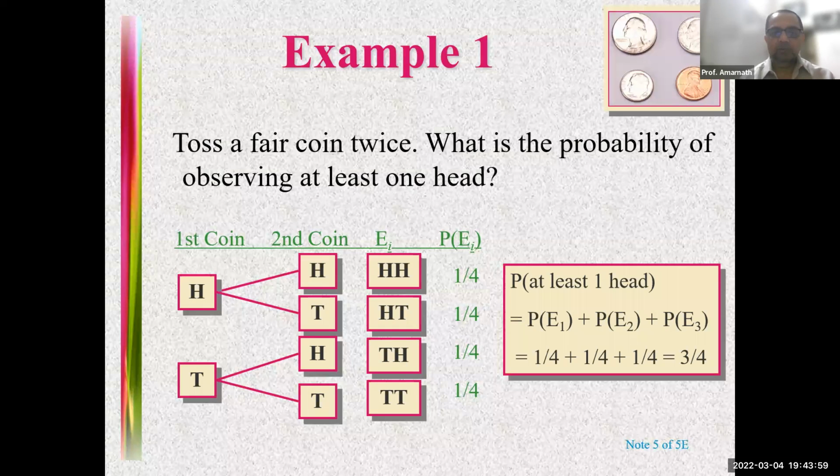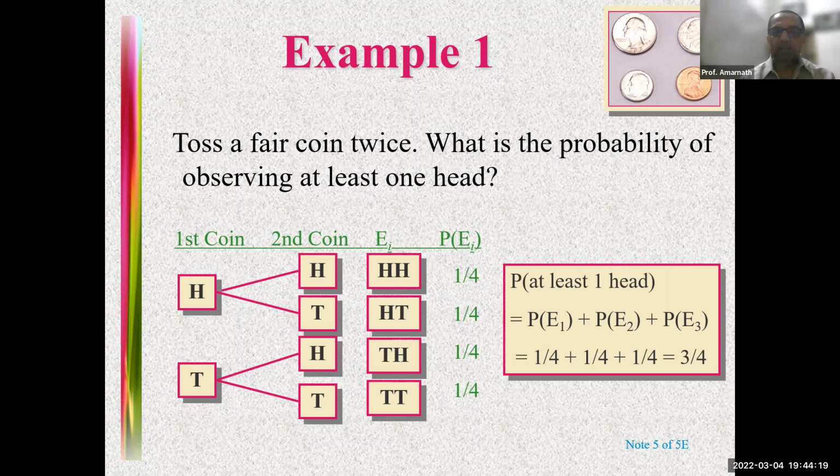If I use a second fair coin, I can get H and T, H and T. So if I put an event to this, what are the chances of the two things?